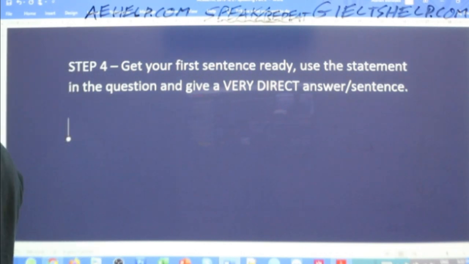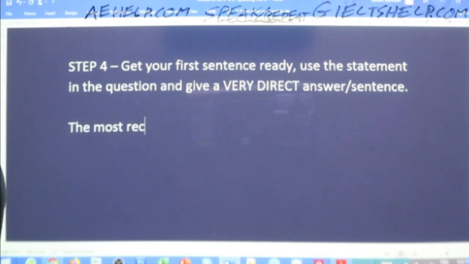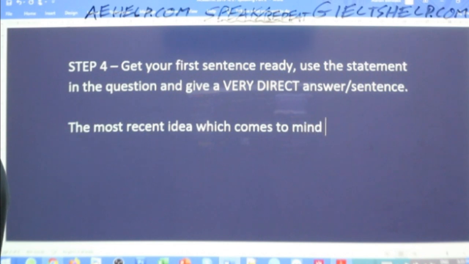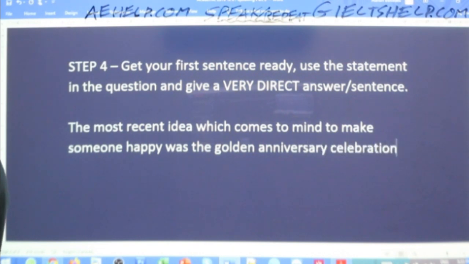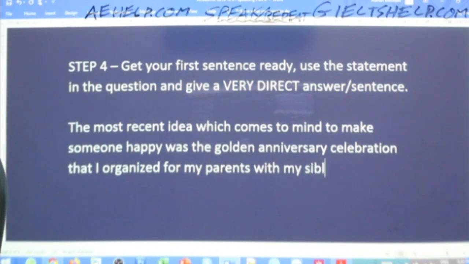Yes. So the most recent idea which comes to mind to make someone happy was the golden anniversary celebration that I organized for my parents with my siblings.